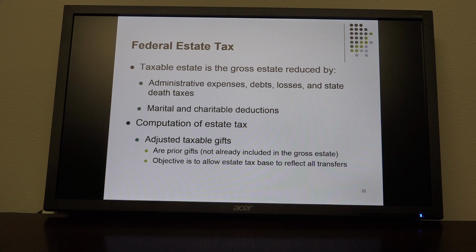So that's a really powerful deduction. You don't want to leave property to your kids. You think that it's just going to stunt them personally and professionally.